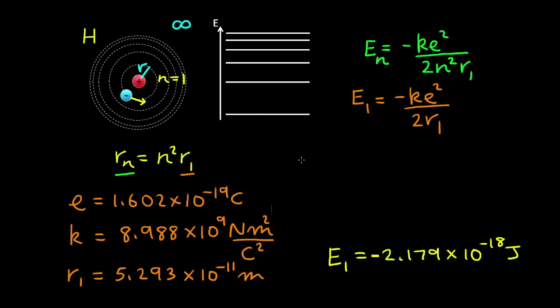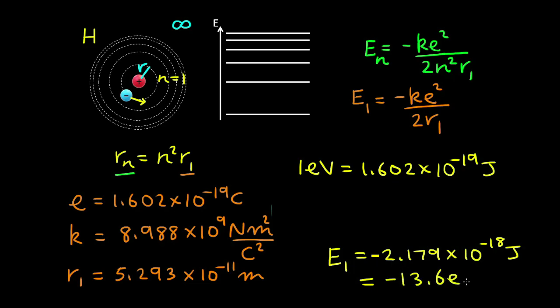So if you recall, 1 electron volt was 1.602 by 10 to the minus 19 joules. Then we can obtain E1 in electron volts, which is minus 13.6. So once we've got E1, then this expression for En is simply E1 on n squared.